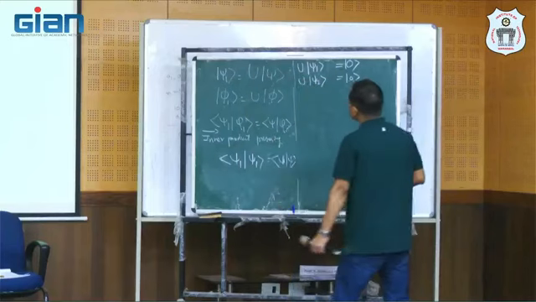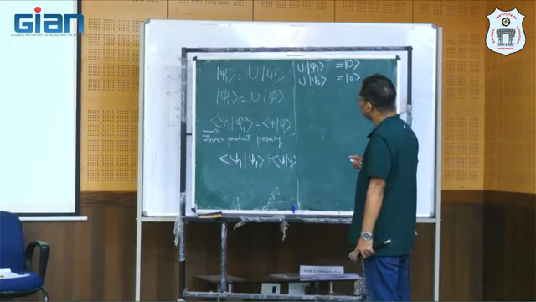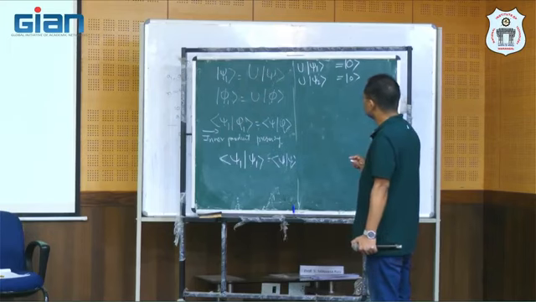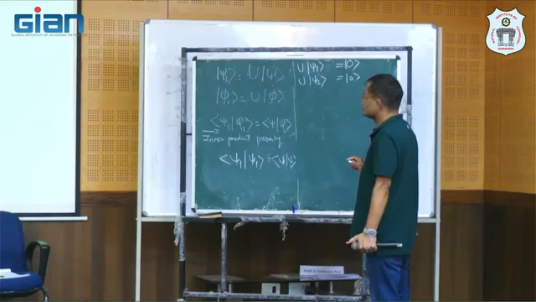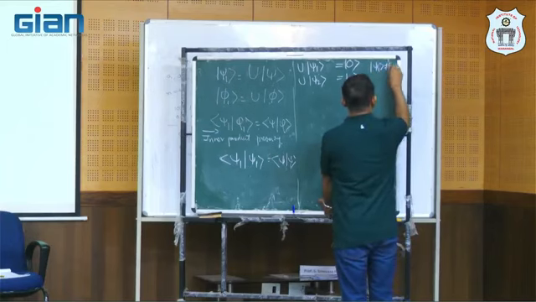So assume that there is a unitary transformation which is taking every state to 0. So it is taking psi 1 to 0, and psi 2 to 0 also, where psi 2 is different from psi 1.